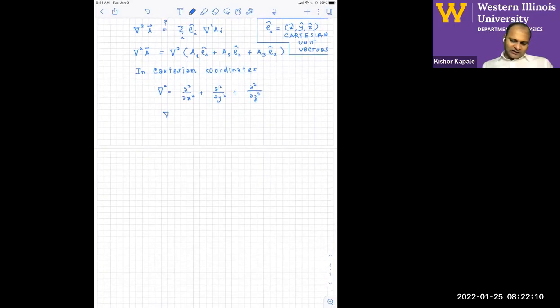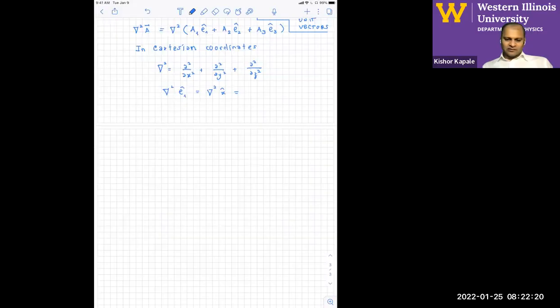And if we apply del square to E1 hat, let's say, which is basically del squared applied to x hat, what do you think the answer is? How would you evaluate it? Anybody? If you know the answer, you can just tell me the answer.